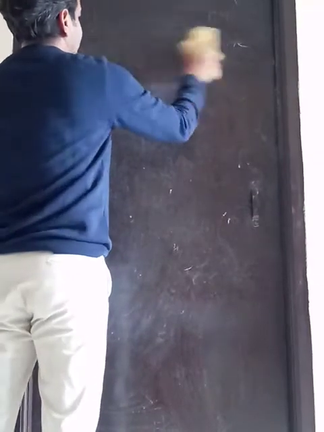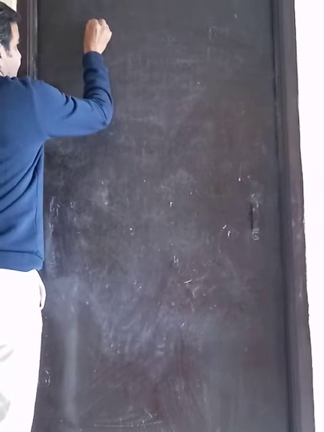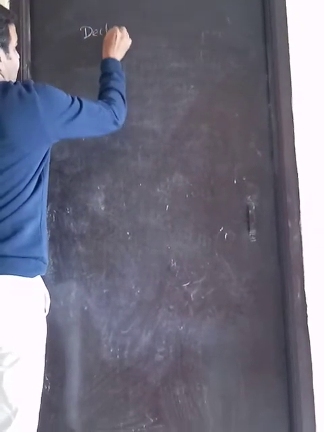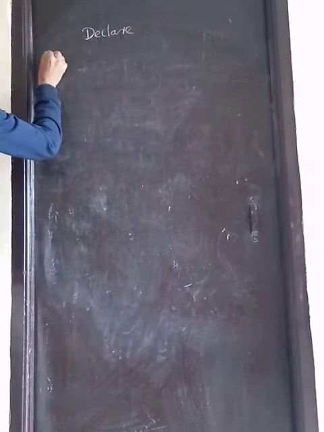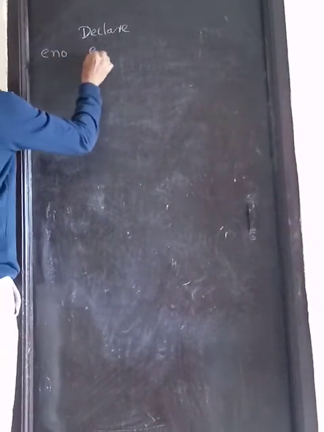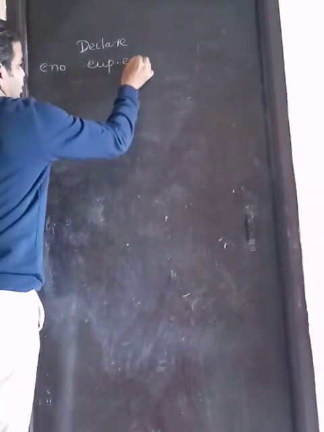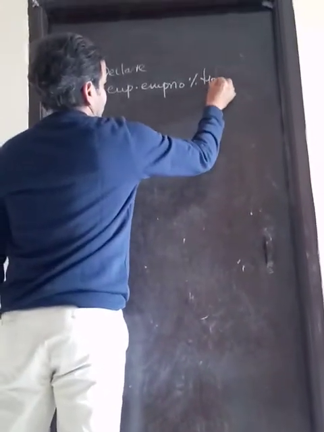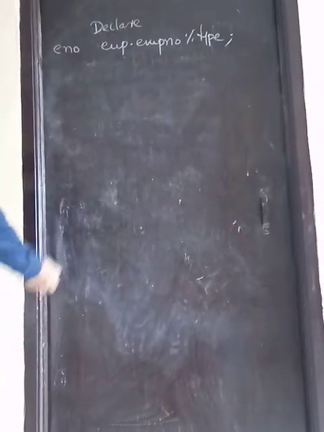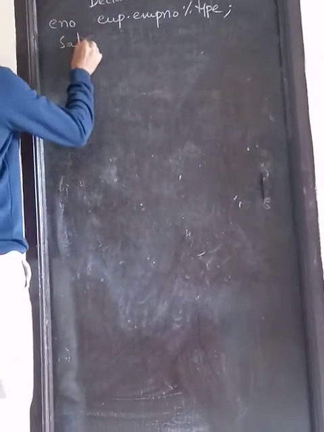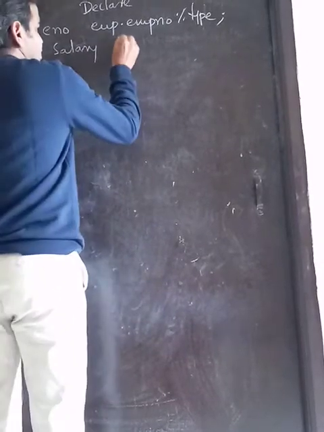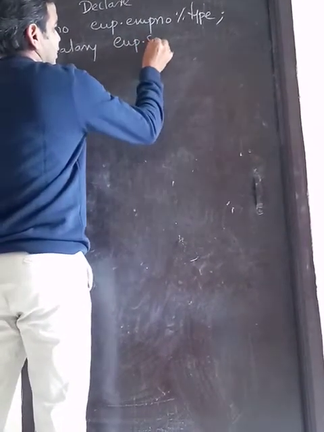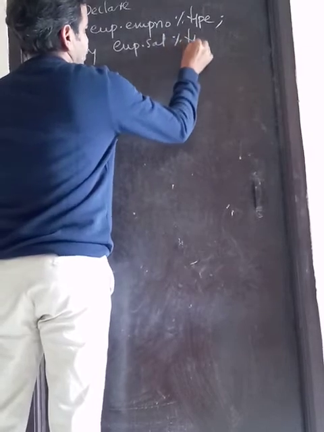So the same in PL/SQL. First DECLARE. First, employee number we are accessing from employee table dot employee number using %TYPE. Then salary, we are accessing from the employee table's salary column using %TYPE.